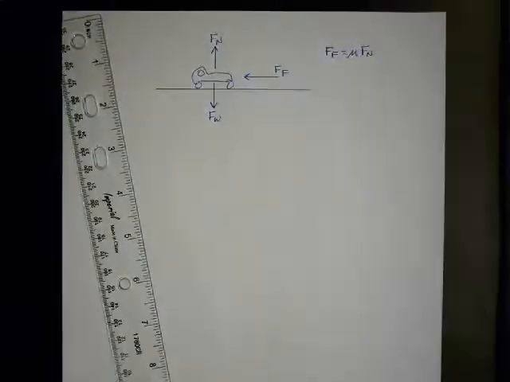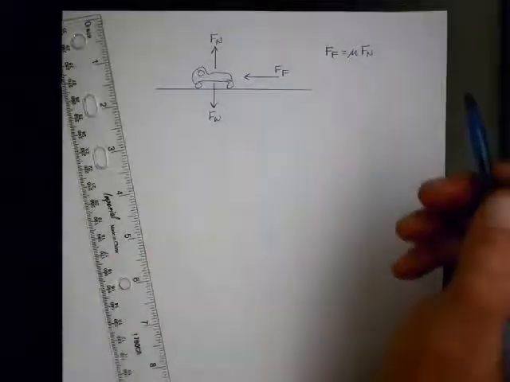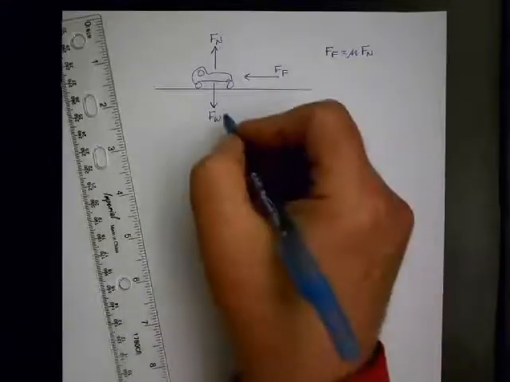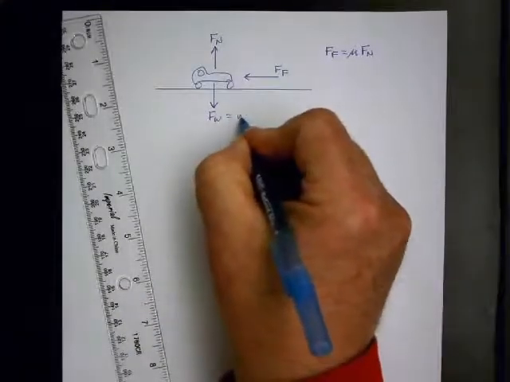Now, the force of friction equals the coefficient of friction times the normal force. So the force of friction is always related to the normal force. And in this case, that means, of course, to its weight. Now, what about Fw? Well, Fw, that's just mg.